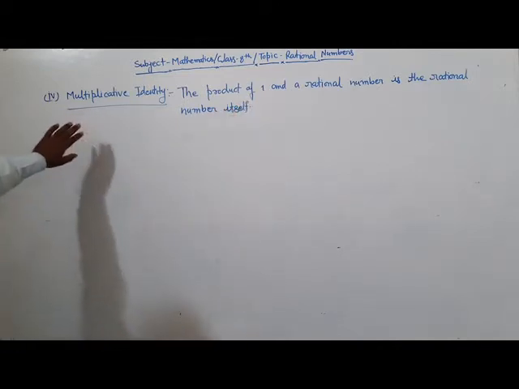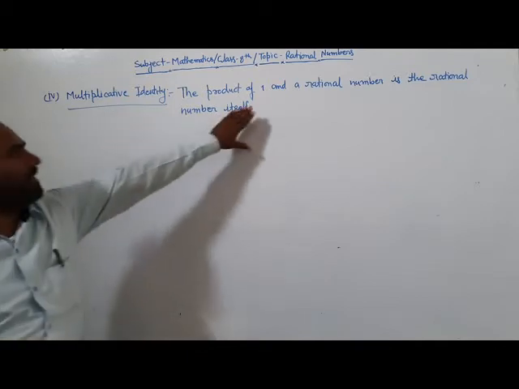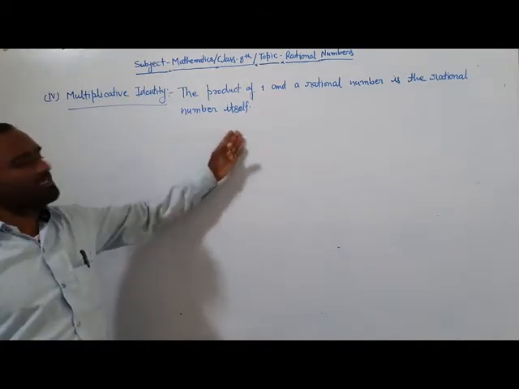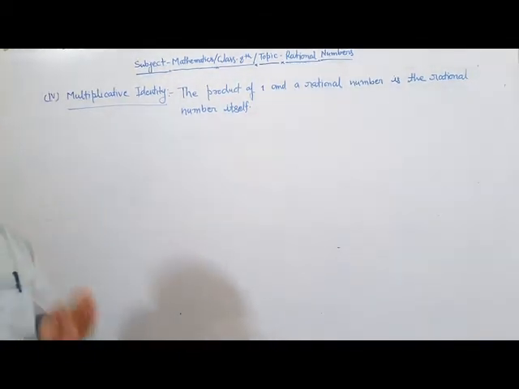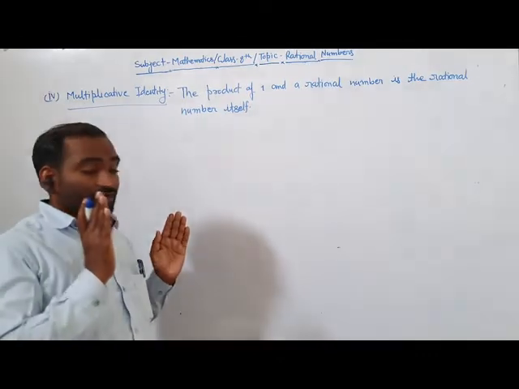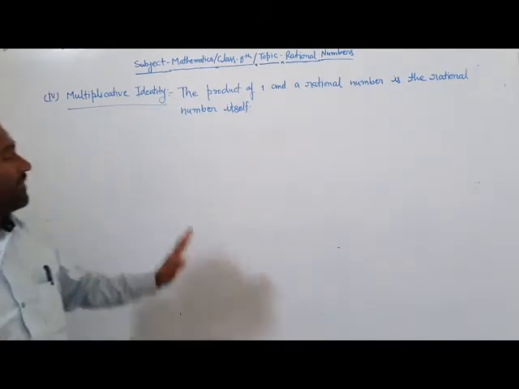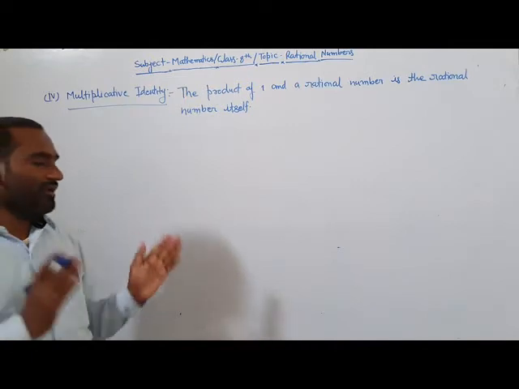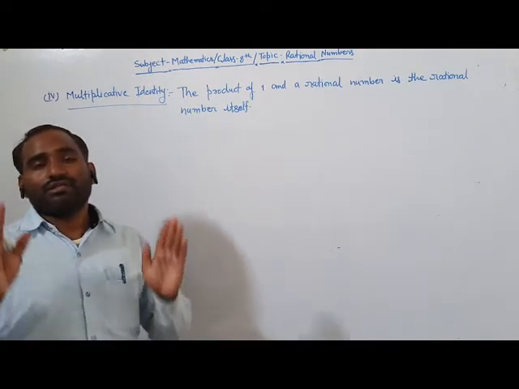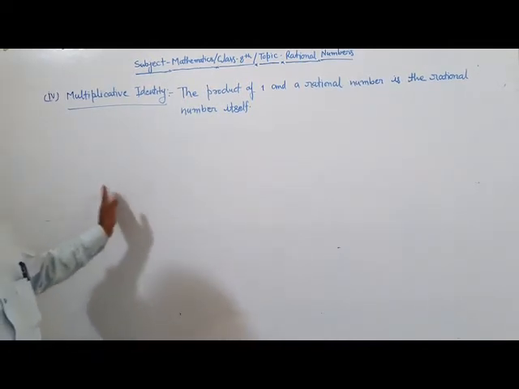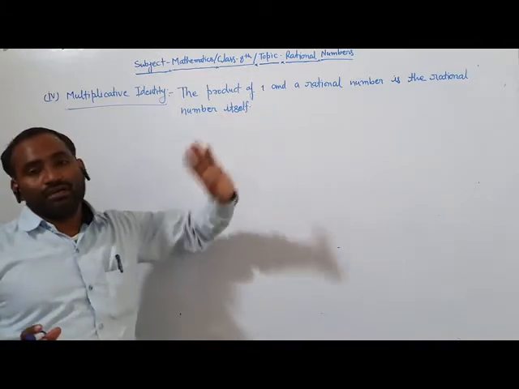In this property, multiplicative identity, the product of one and a rational number is the rational number itself. If we multiply any rational number by 1 or 1 by any rational number, the answer that we get is also the rational number.